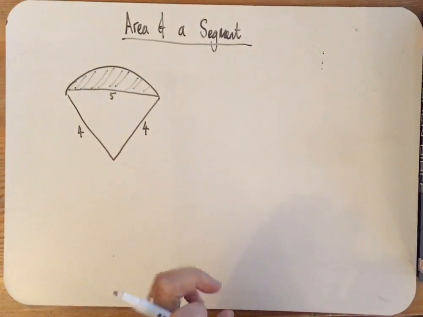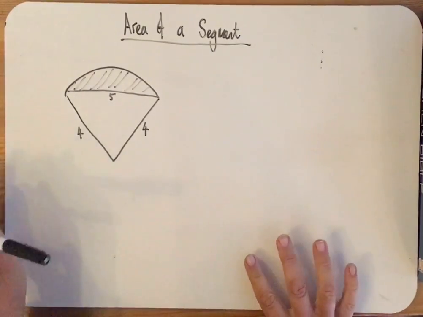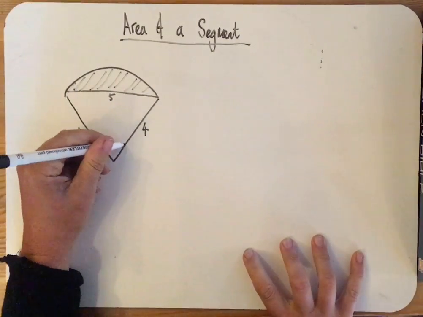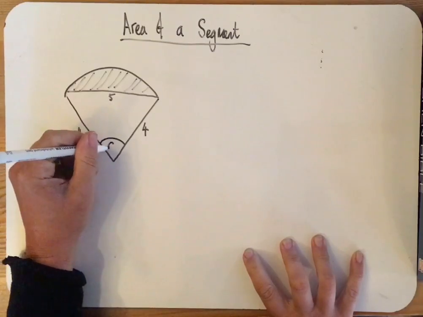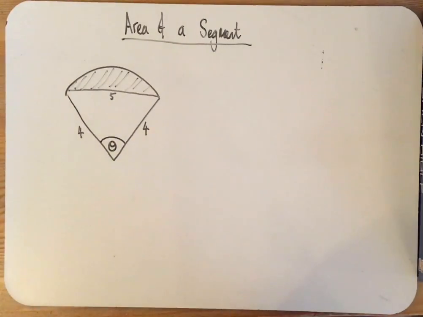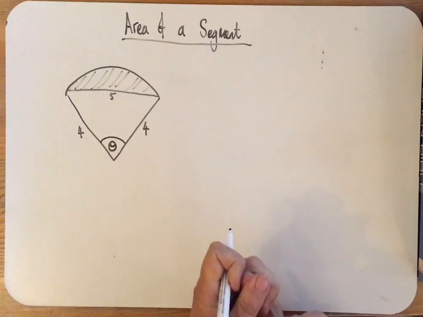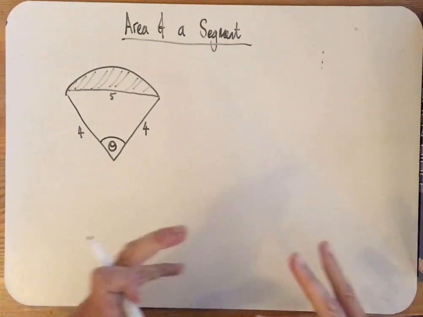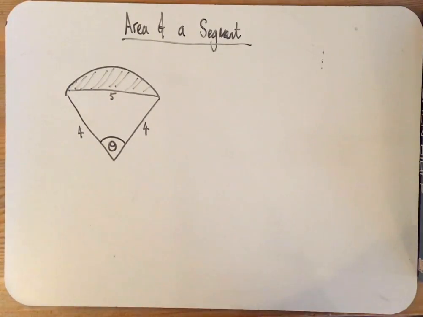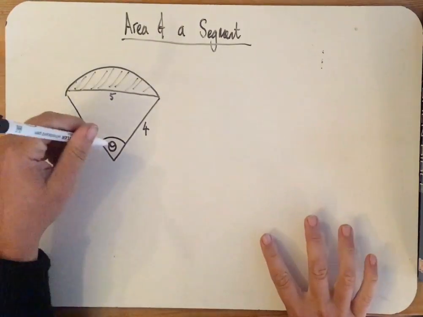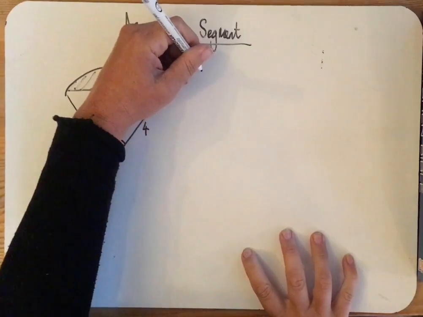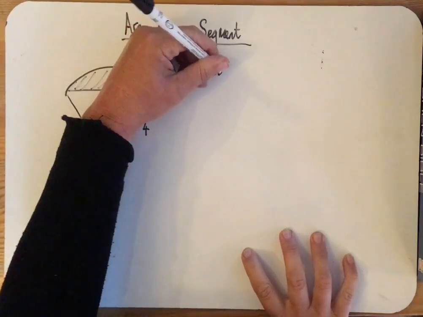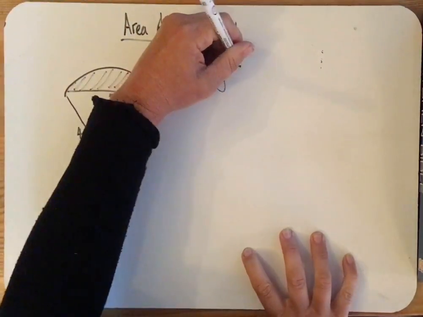So for this one, there's a little bit going on. I need to find this angle here first. So you might need to bring in your cosine rule and your sine rule into these questions as well. So it's just pulling in all those bits of trig that we've done already. So opposite angle squared, using the cosine rule, because we have all three sides and we want an angle.